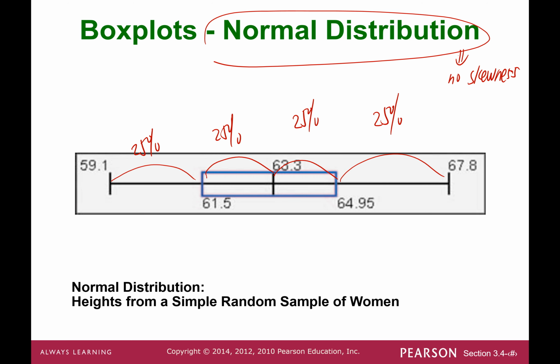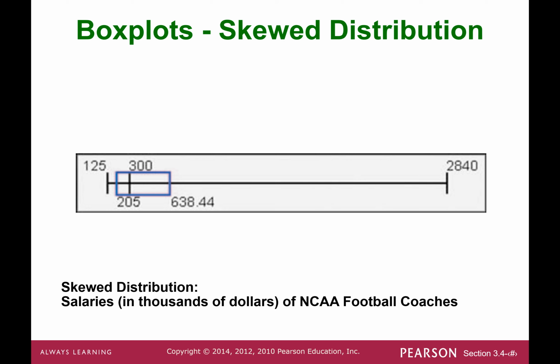Okay, and this is very typical. If you draw the bell curve, it will be skewed to the right. We have a very long right tail here, so that's a skew. This is a skewed distribution because most of the data values are concentrated on the left end. Okay, and this is about NCAA football coaches, right?